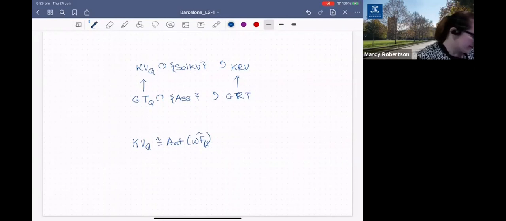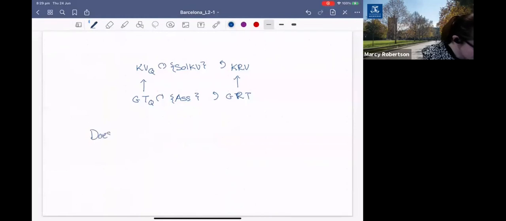And so it's embarrassing to say this on recording, but I had a question for the audience: does a profinite version of the group KV, so this Kashiwara-Vergne group, make sense?